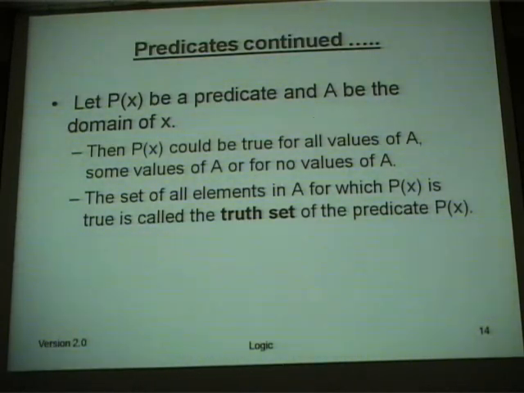Right. Now without using the prefix for all x, let me use some x. For some x, x is a male. Is it true? For this class, if the domain A represents this class, for some x is a male: true. And if I say for no x is a male, is it true? No. Why is it not true? There is one person who is a male.